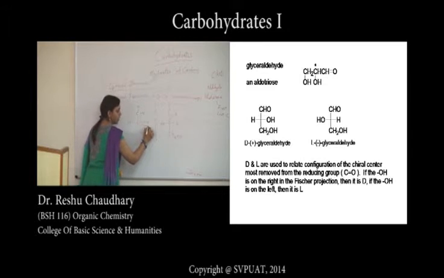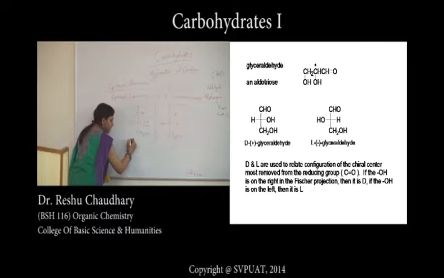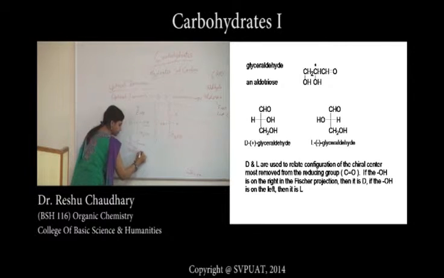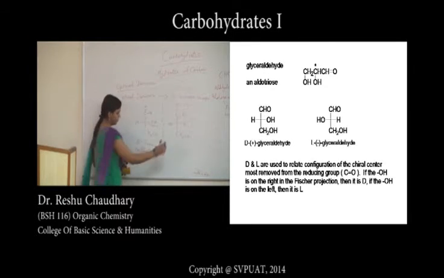If the OH of the second carbon is present towards the right hand side, then we will say the D form or dextro-rotatory form, right hand side form, or clockwise form.